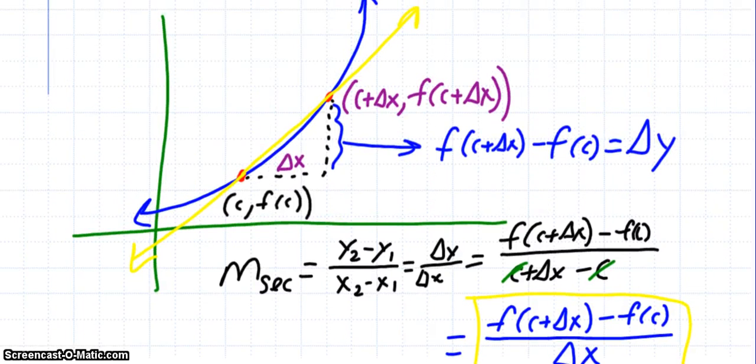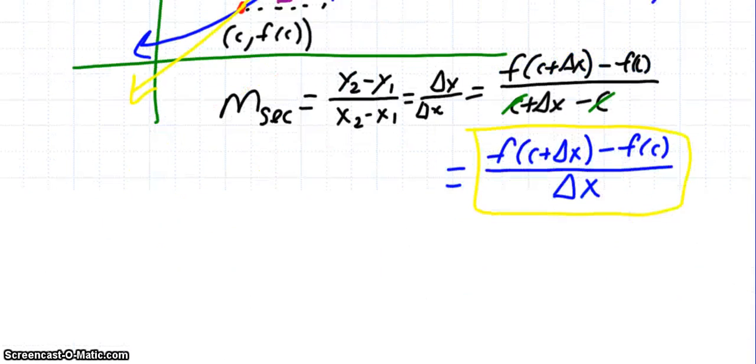And so now again, let's talk about this real quick before we come to the conclusion. As these two points get closer and closer together, this secant line approaches the tangent line. Well, what does it mean that those two points are getting closer and closer together? That means that delta x is going to 0. So what does that mean?